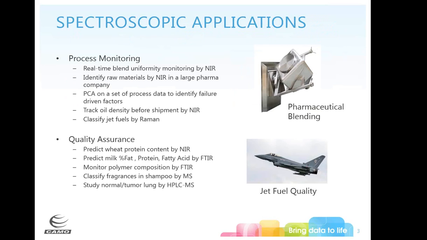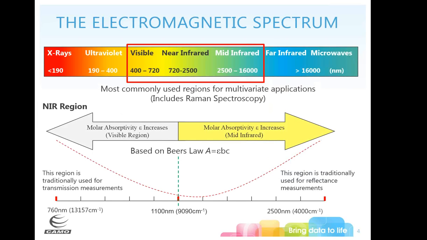So there's a lot of interesting things that you can do for process monitoring as well as quality assurance to make sure that you have the right amount of whatever constituent you're interested in, or a low enough amount. So near IR is often used for measuring moisture in a lot of things to make sure that your moisture isn't out of control.